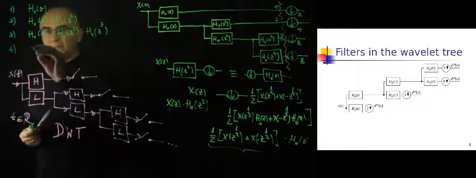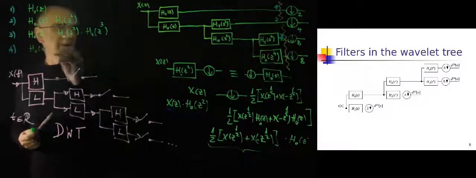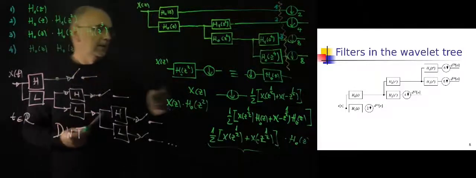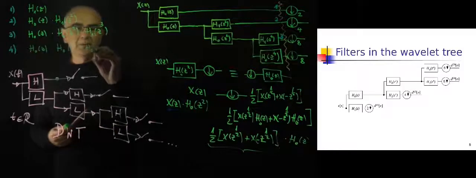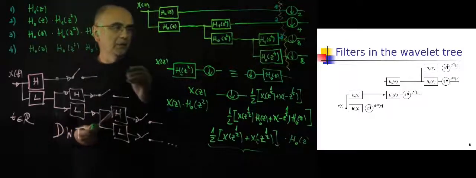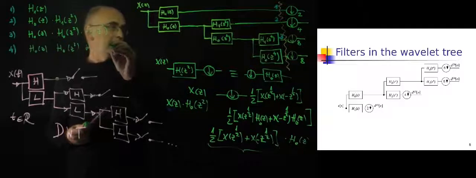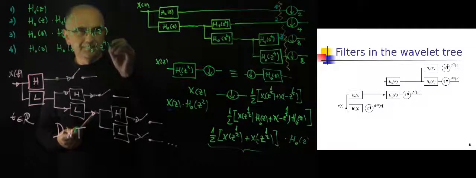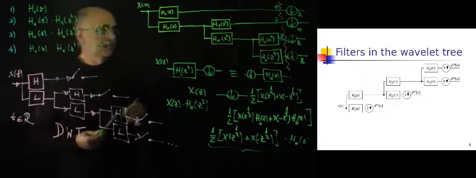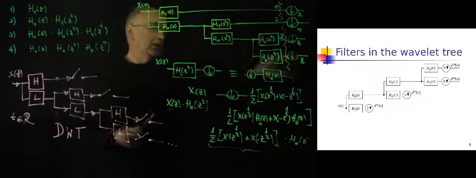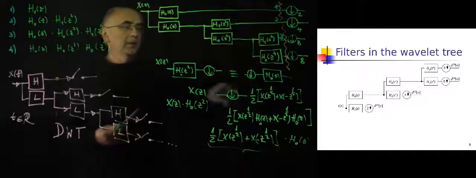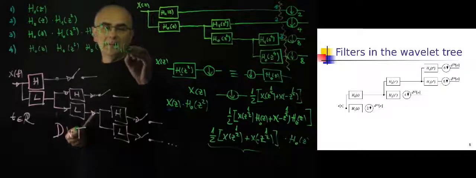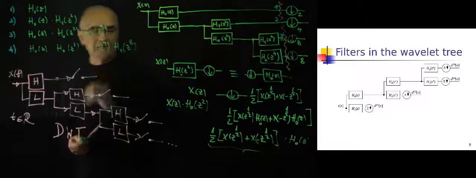It starts from H0, it goes to H0 z squared, then H0 z to the power of 4, and then what follows would be the high pass filter H1 z to the power of 8.